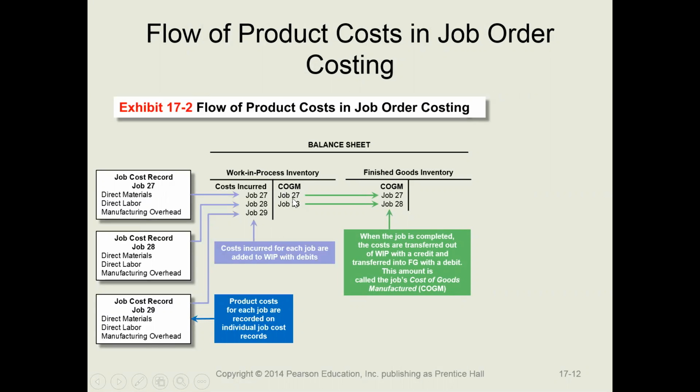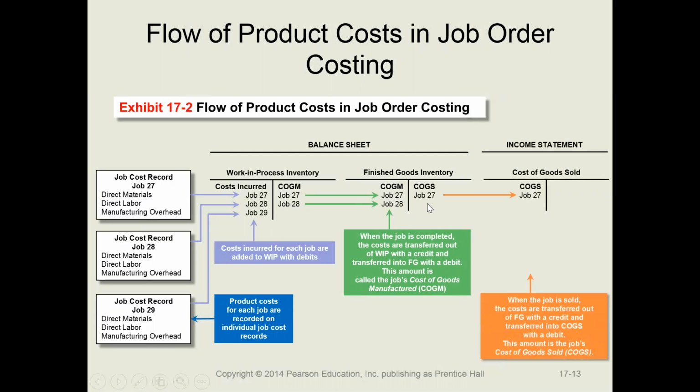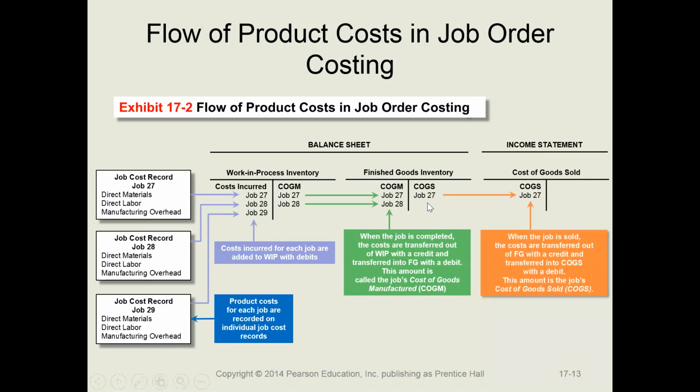So you take the costs out of work in process and transfer them to finished goods inventory, because now they're done. They're no longer in process. And then when those finished goods are sold, we take it out of finished goods inventory and put it into cost of goods sold. Okay, so that's the flow of job costing.